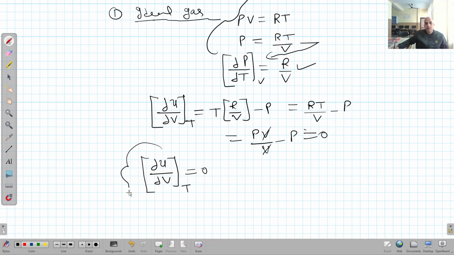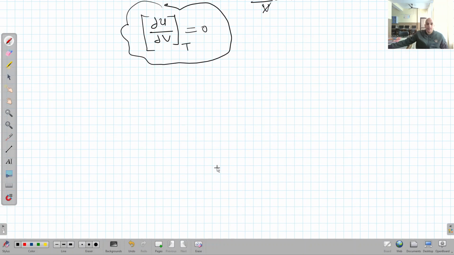The change in internal energy with change in volume at constant temperature is zero when the gas is ideal. This was the first case. Now let's take the second case, a real gas.